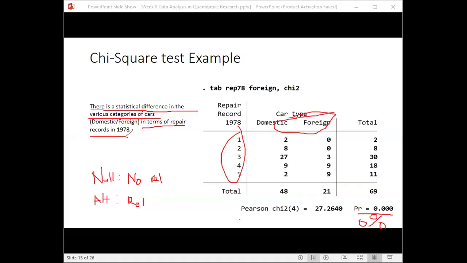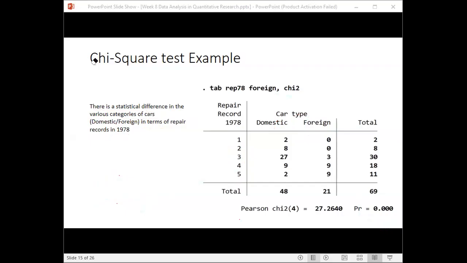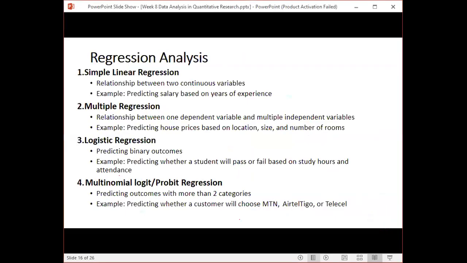That is how the same hypothesis testing rules are applied in chi-square tests, which are categorical in nature. That is something you might also want to have a look at. The rules do not change. You just have to apply them whenever possible.